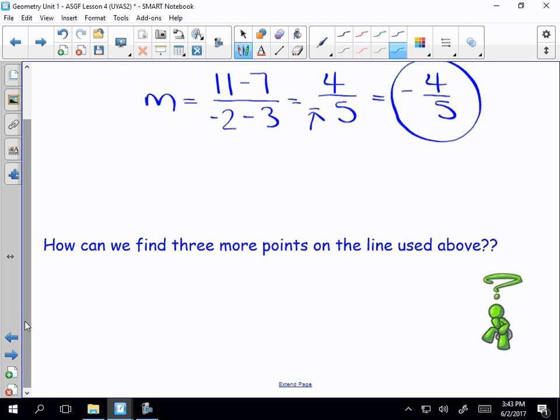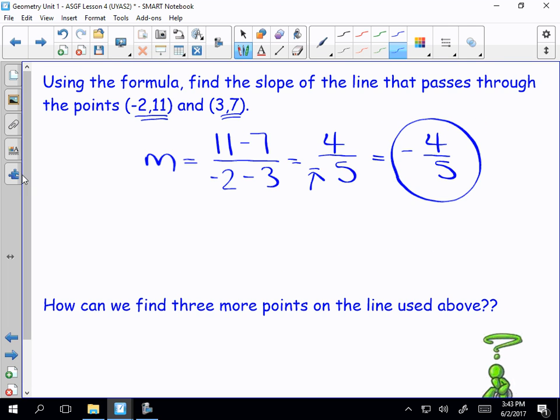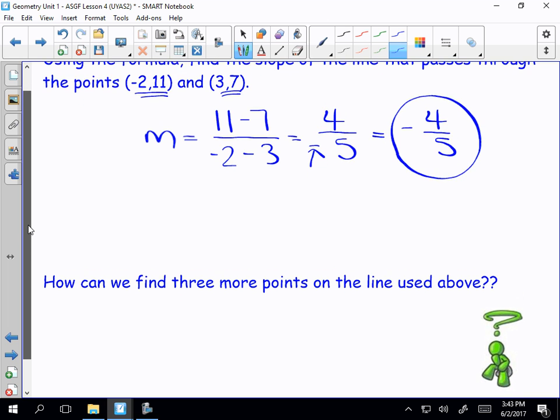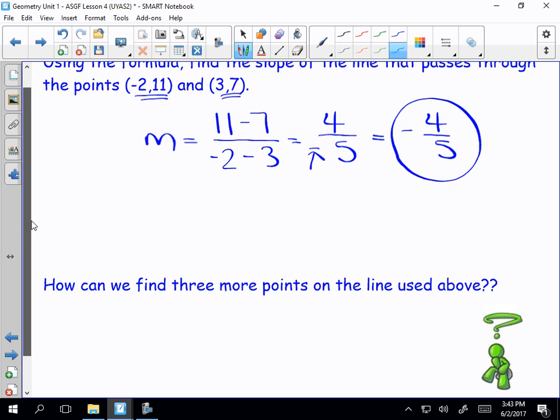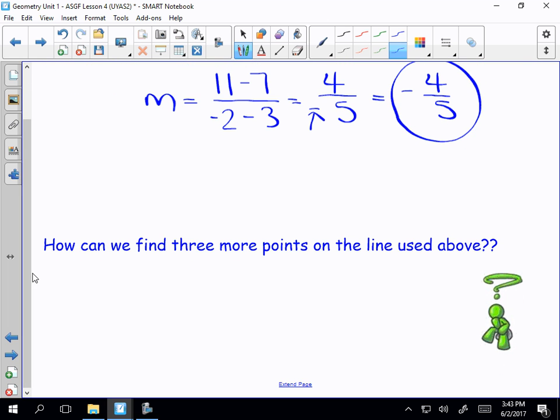Okay, so now, if we think about it, we've got these 2 points on the line. How can we find 3 more points on the line? What we could do is just going from the 3 and the 7. Think about what a slope does. A slope helps us count.